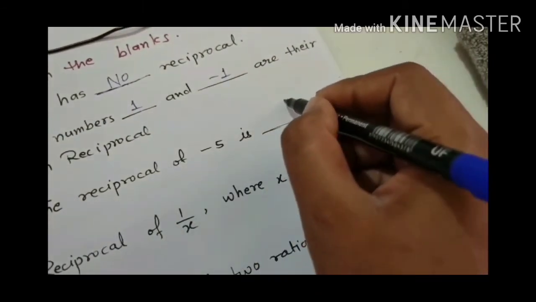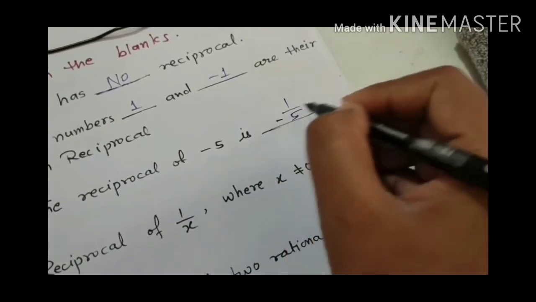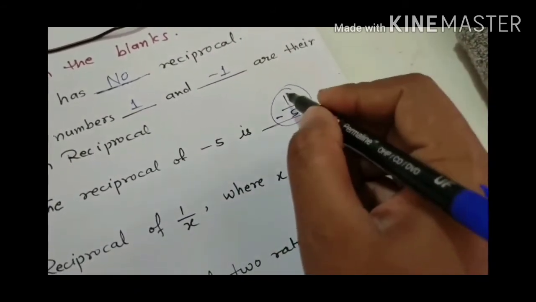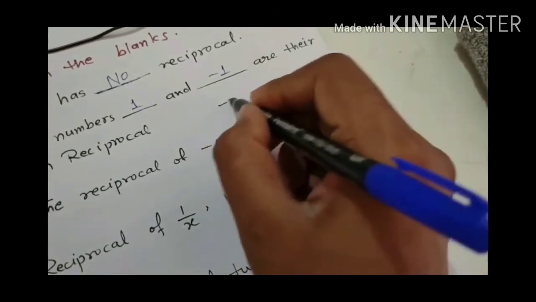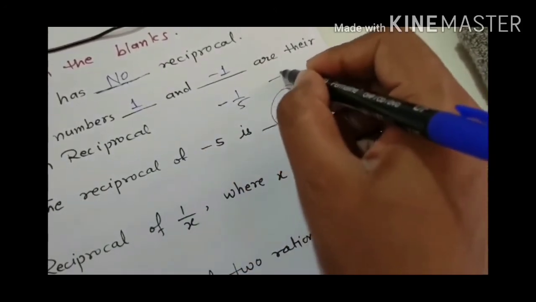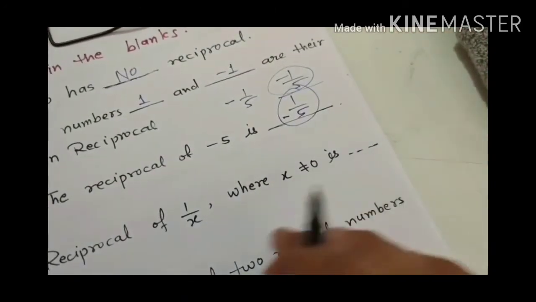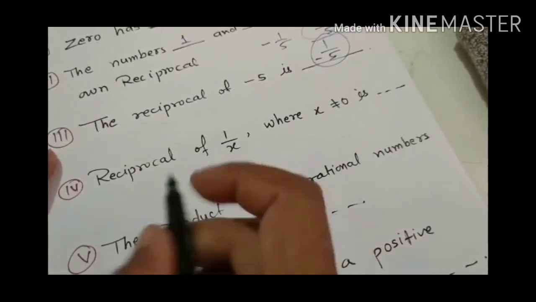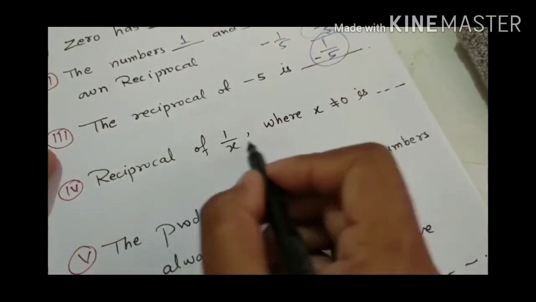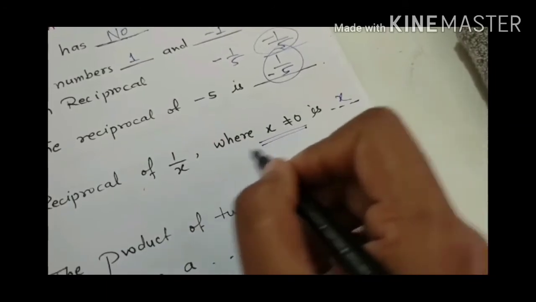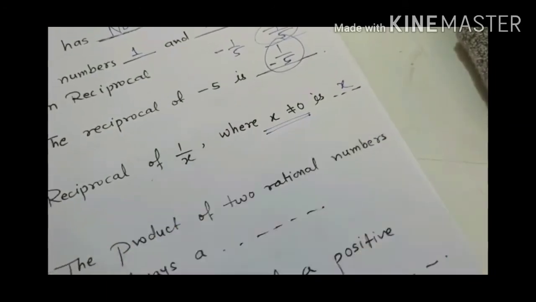Reciprocal of minus 5 is minus 1 by 5. Don't forget the sign. You can write the minus anywhere, but that minus will indicate it. Reciprocal of 1 by x is 1 by again the same x, it will be x.